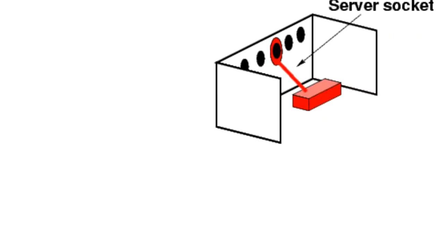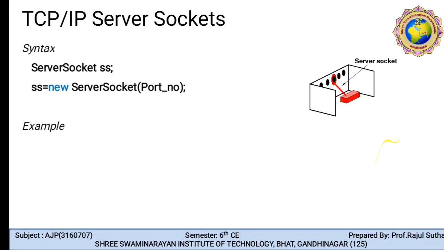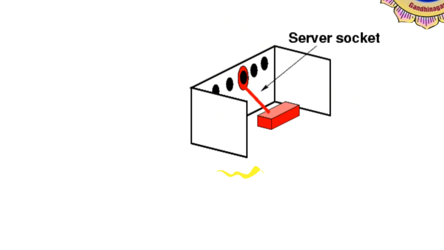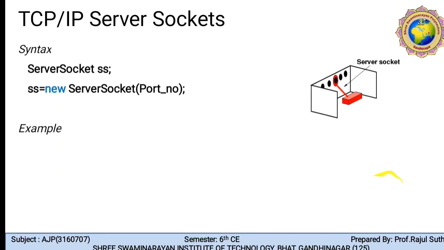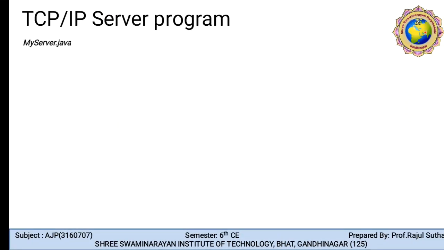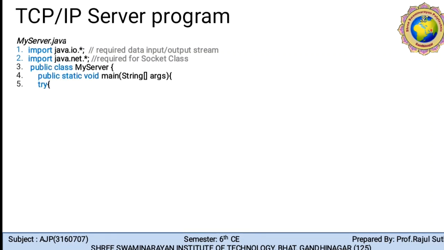What is the example? ServerSocket ss = new ServerSocket(1111), where the port number is given as 1111. Now a simple program: import java.io.*, which requires the data input as well as output stream.